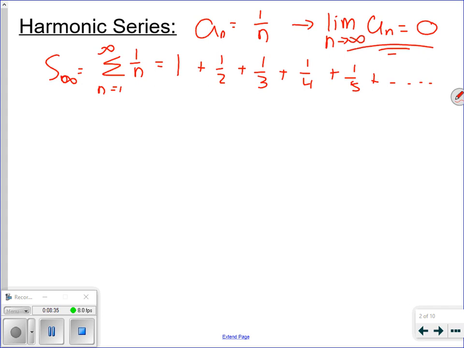Well, I like this because this is going to be a cool example to kind of show an idea here. We're going to use something called a comparison test to actually show what happens with this. And a little quick mini lesson on what the comparison test is: let's say we have two series here.